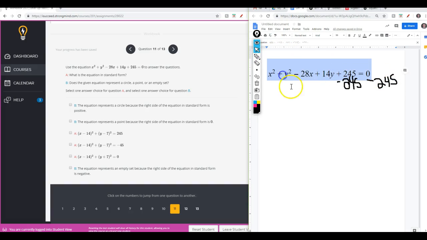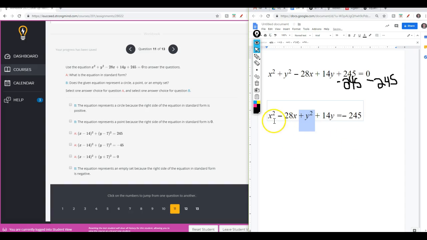So we will have this equaling a negative 245. And then I'm just going to regroup these. So we have x squared minus 28x plus y squared plus 14y.